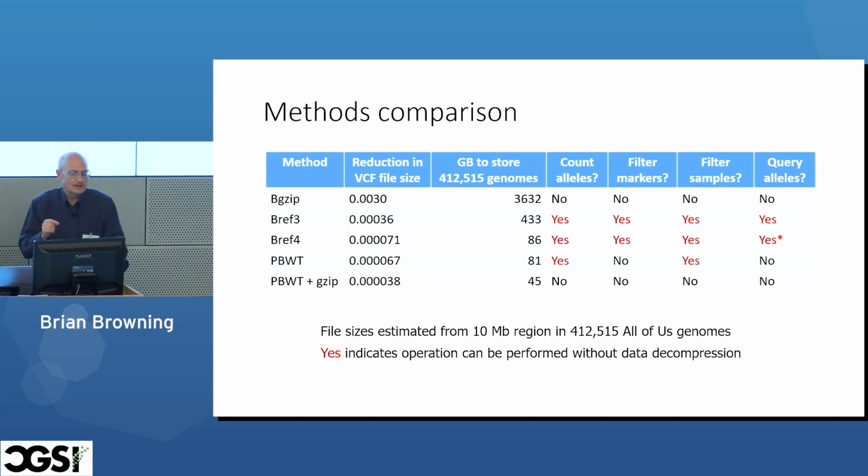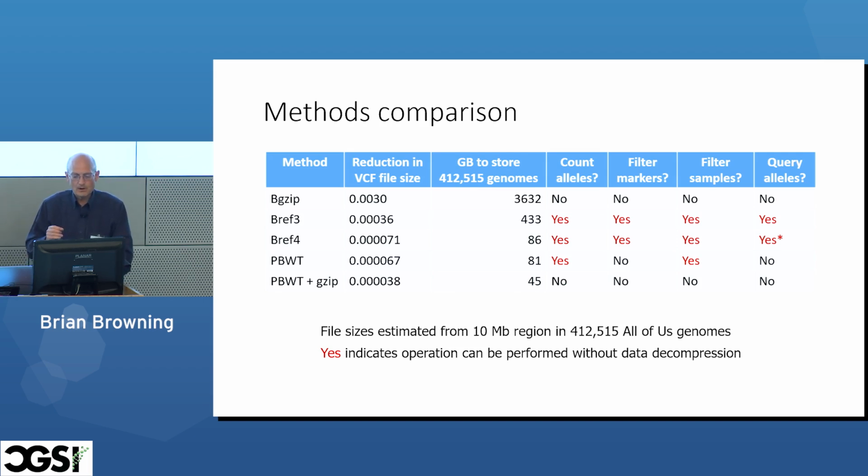You can get another 2-fold approximately improvement by following up PBWT with gzip, and that gets you down to 45. But BREF4 is very much competitive with PBWT on compression, or even PBWT with bgzip.